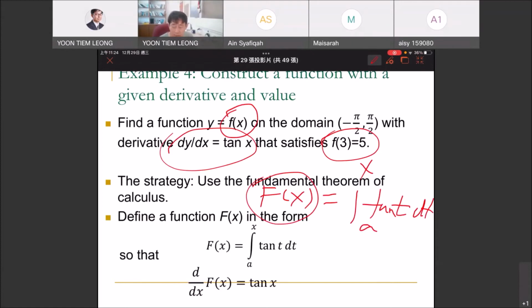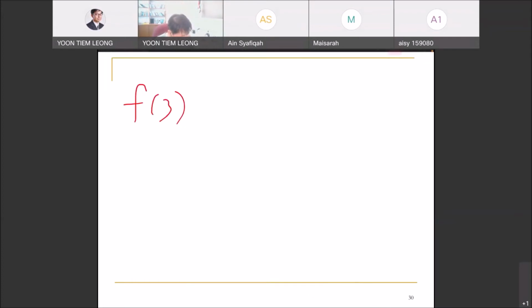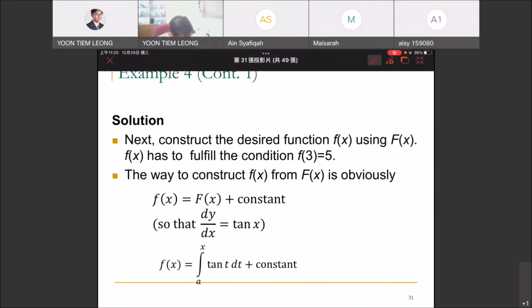And again, here before I leave you, the choice of a equals 3 and the constant equals 5 are the two constants that go into your solution, right? So here you have an a and you have a constant.